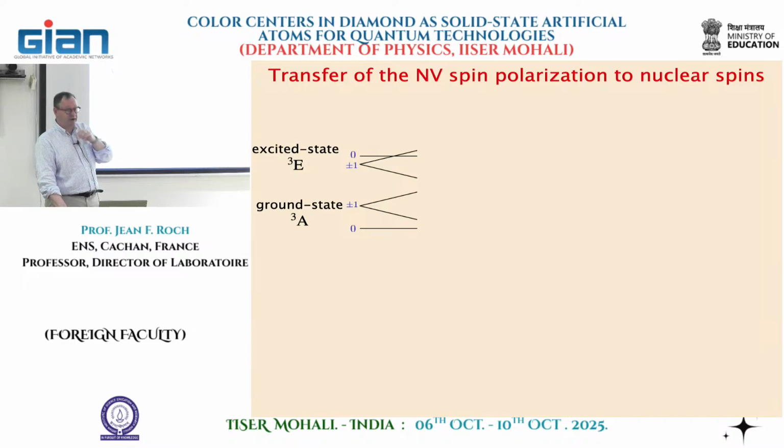So one thing I now want to discuss, and this will be related to the experiment we will see this afternoon, is how we can transfer the NV spin polarization to the nuclear spin. And for that, we will use something called a crossover.